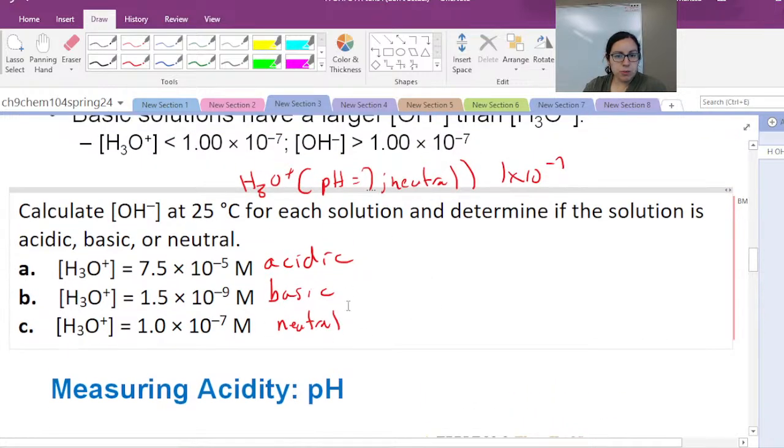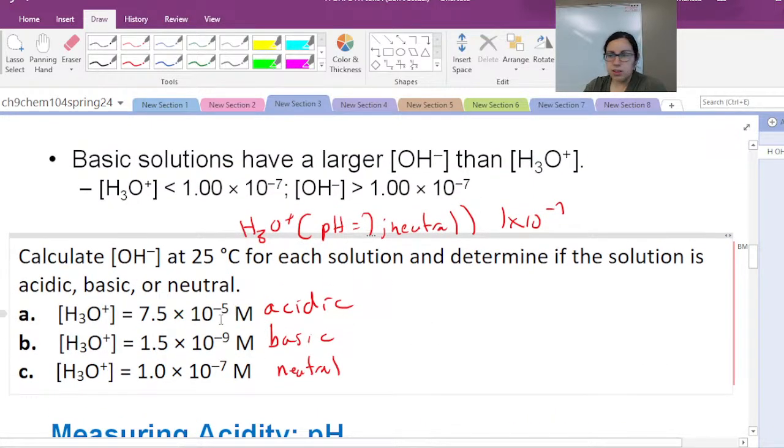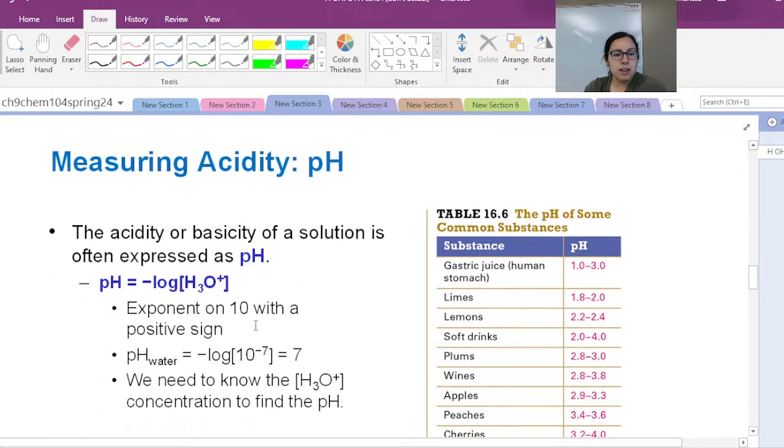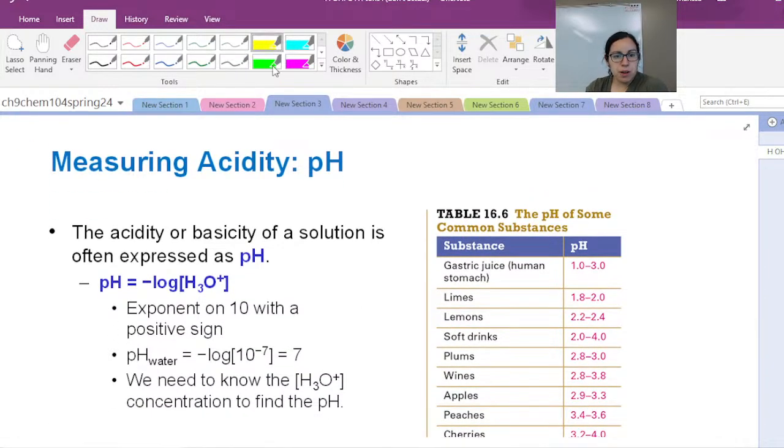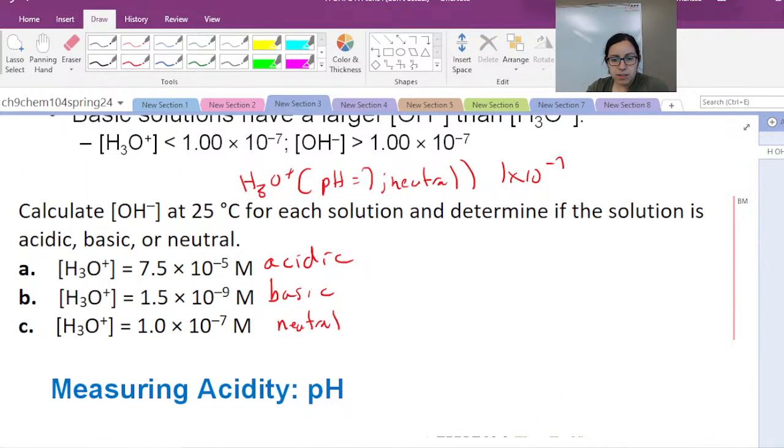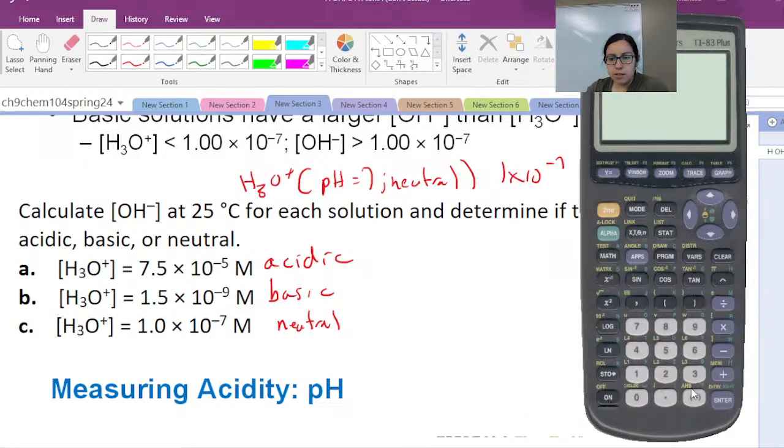This was a good exercise in practicing our powers, but you may know this formula, and it's probably more helpful just for our brains. Our pH is expressed as the negative log of our hydronium concentration. If we go back to our problem, now it makes it a little more obvious.